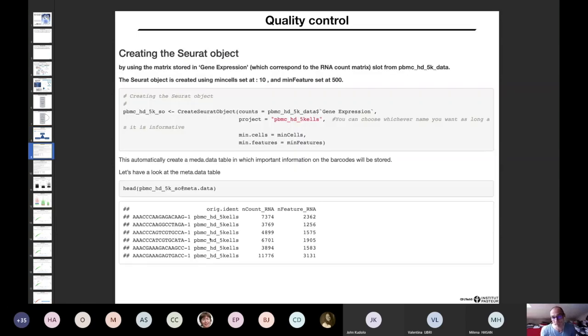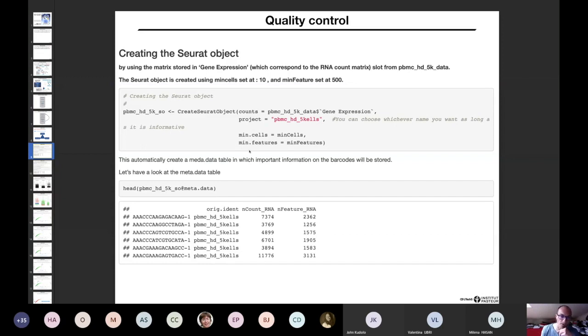I'm going to illustrate the different steps of the analysis using the well-known Seurat toolkit, but bear in mind that this can be done with another toolkit, the one that you prefer.